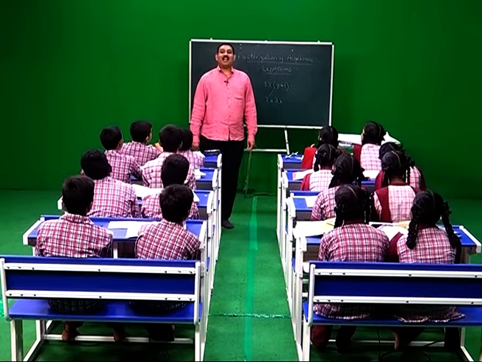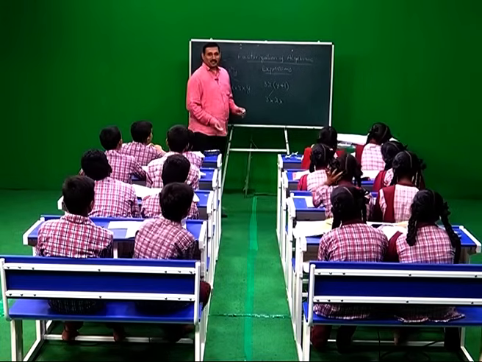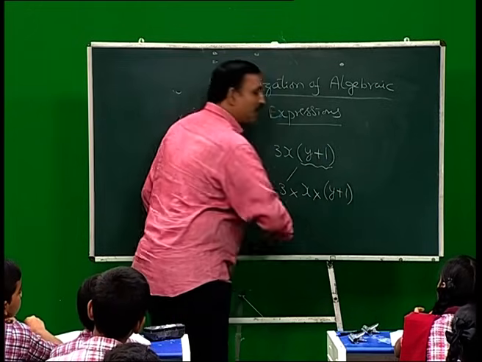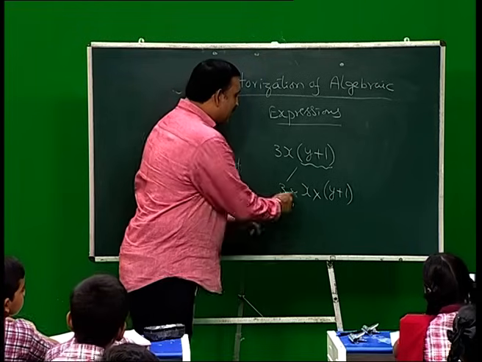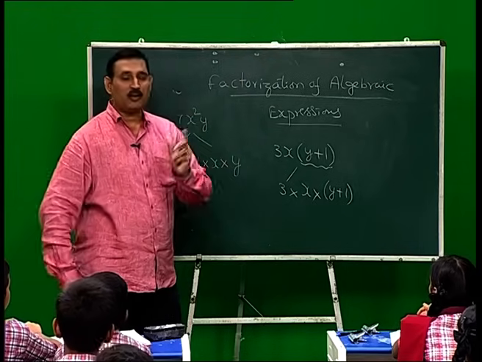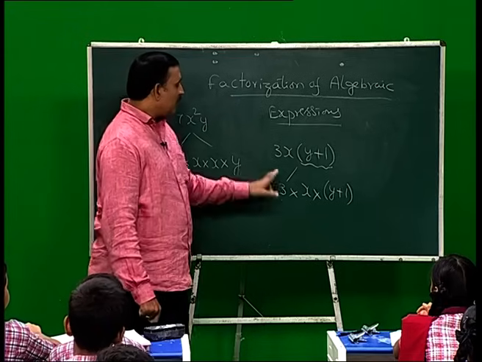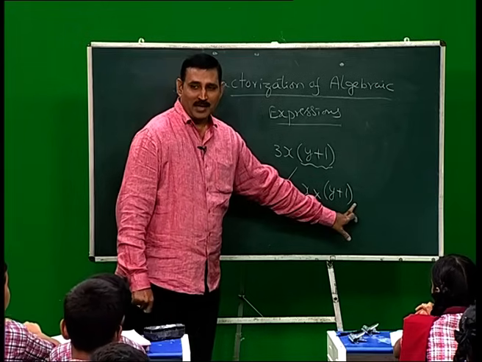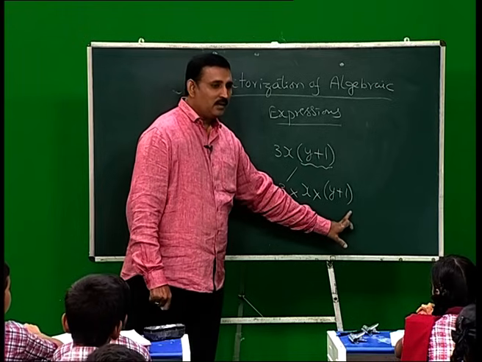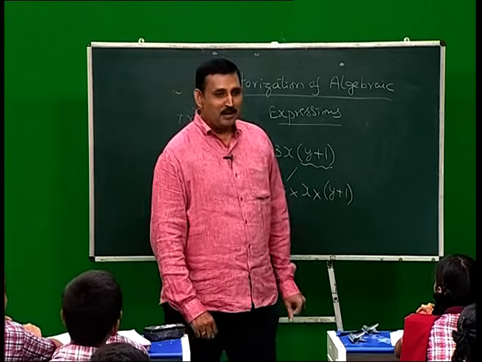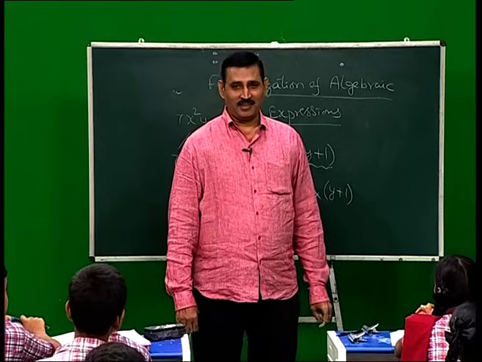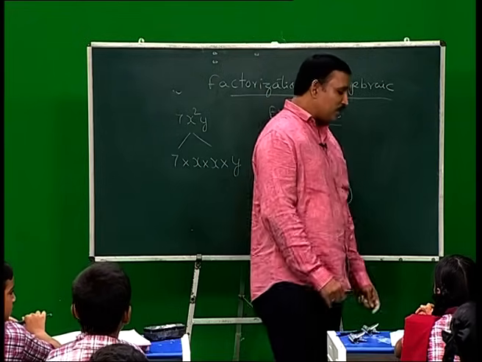You see, that's why I asked you this: this y plus 1, the entire thing is only one factor. So the factors here are 3, x and y plus 1. Y plus 1 together you have to consider. So 3 into x into y plus 1. In this, 3 is a prime factor, and x and y plus 1 are irreducible factors. Very good. Now let us do one thing.